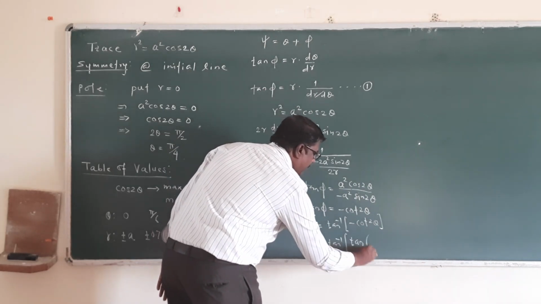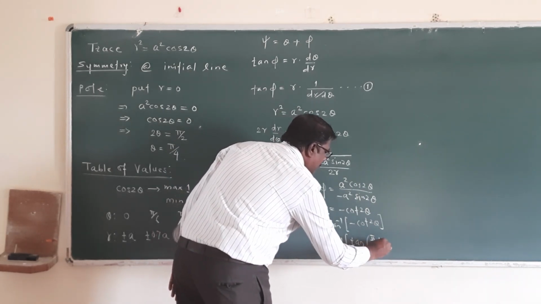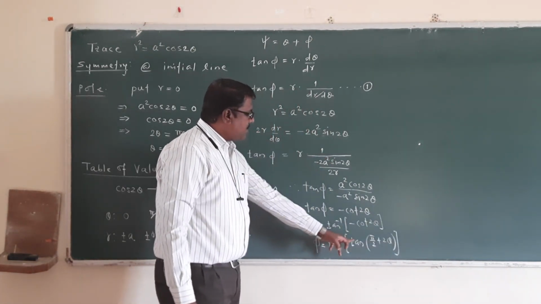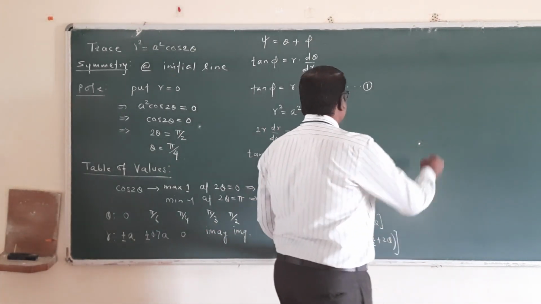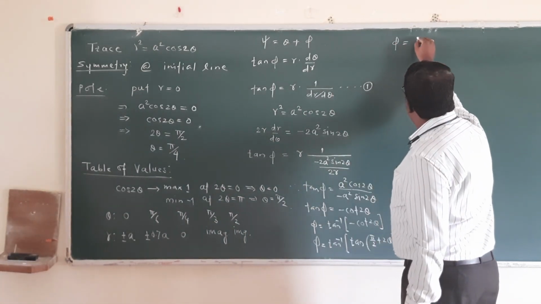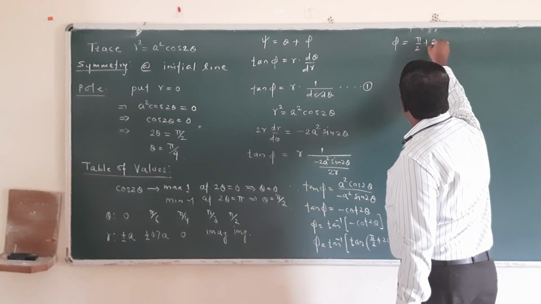So tan of pi by 2 plus 2 theta. Now here it is tan inverse of tan, and therefore phi is equal to pi by 2 plus 2 theta.